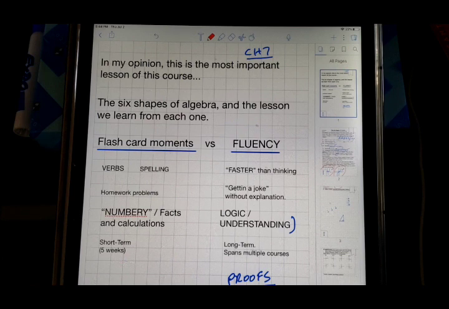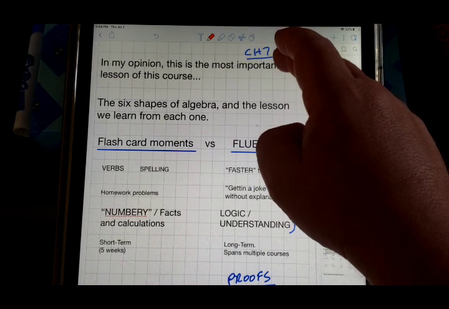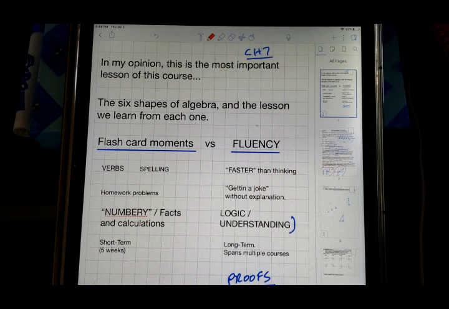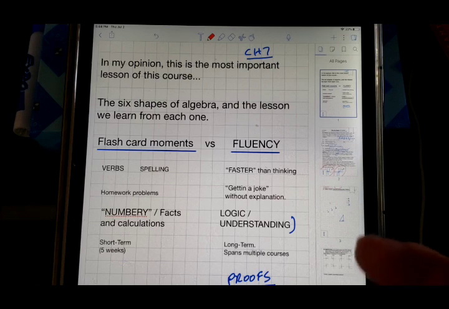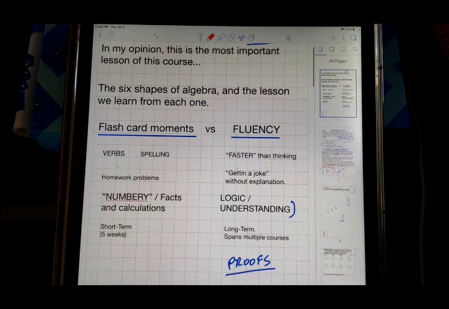Math becomes very interesting once you reach fluency. Any subject becomes more interesting once you reach fluency. And Chapter 7 is really our first chance to knock on that door and hopefully have a chance to understand what it means to be fluent in a subject.